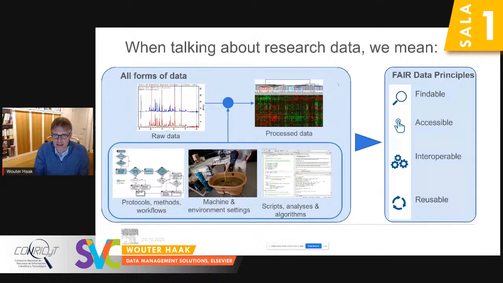Together, this is all research data, and together we want to make this data FAIR: findable, accessible, interoperable, and reusable. Why? Because if the data is actually reused by others in this network, then we save time, research gets better, and you save time.